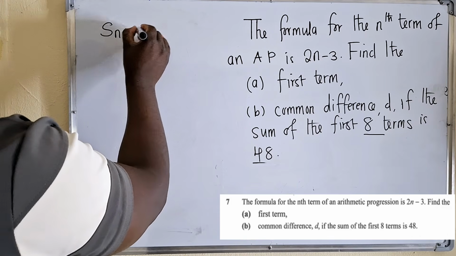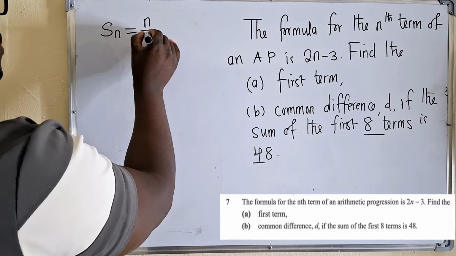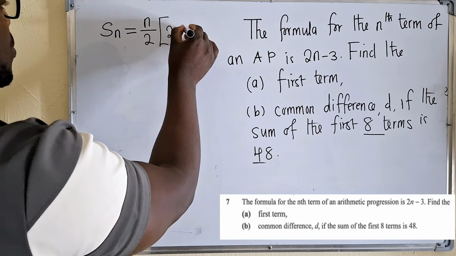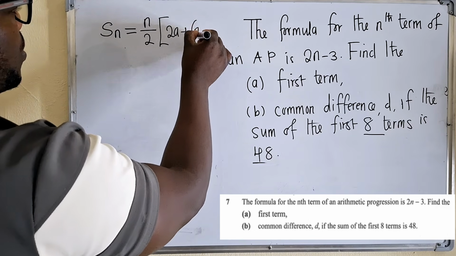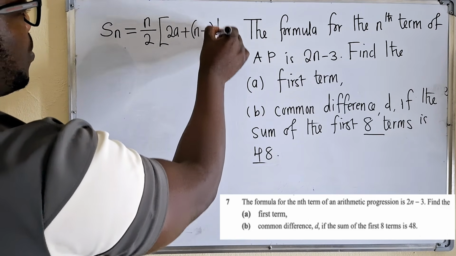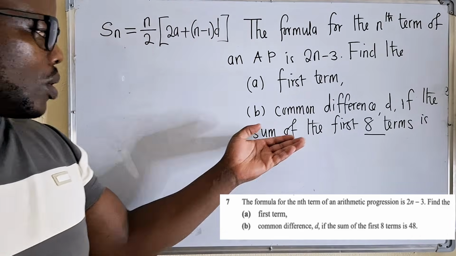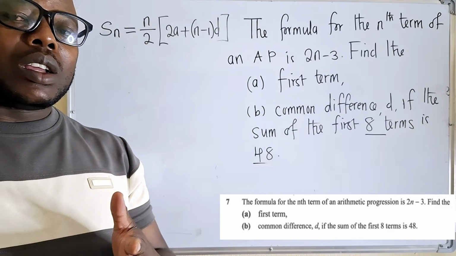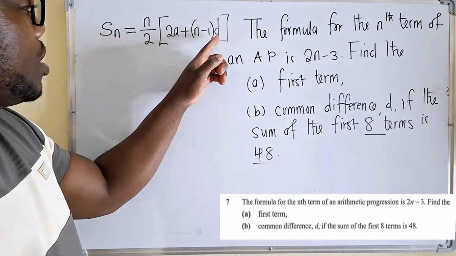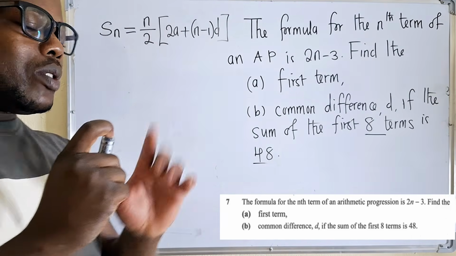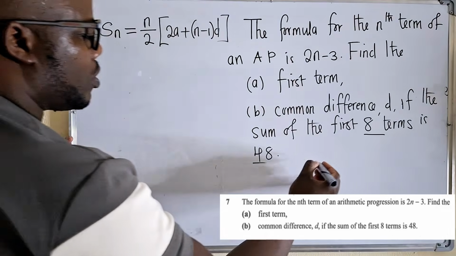So in paper 1, this is the formula for sum, which you need to know. Okay. So out of this formula, when you look at the question, what are we finding? We are finding the value of D. Let me write down the data for you. So I'm going to say data here.